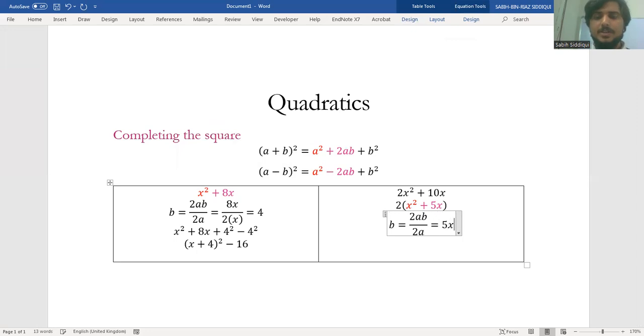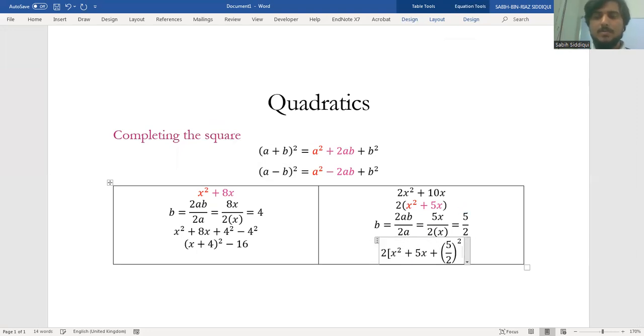Once I have these two terms, I can find my b by taking 2ab and dividing it by 2a. 2ab is 5x. If I divide it by 2, and a is obviously x, I end up getting 5 upon 2. So 2 times a square plus 2ab plus b square. And because I'm adding inside the bracket, I need to make sure I subtract inside the bracket.